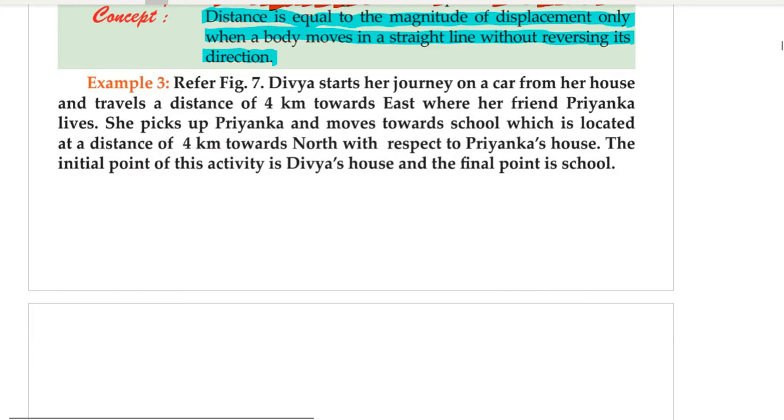Divya starts her journey on a car from her house and travels a distance of 4 kilometers towards east, where her friend Priyanka lives. She picks up Priyanka and moves towards the school, which is located at a distance of 4 kilometers towards north with respect to Priyanka's house. The initial point of activity is Divya's house and final point is school. What we have to find? We have to find the distance and displacement. Again, they have not mentioned. I will mention here. You have to find the distance traveled by Divya and displacement of Divya.